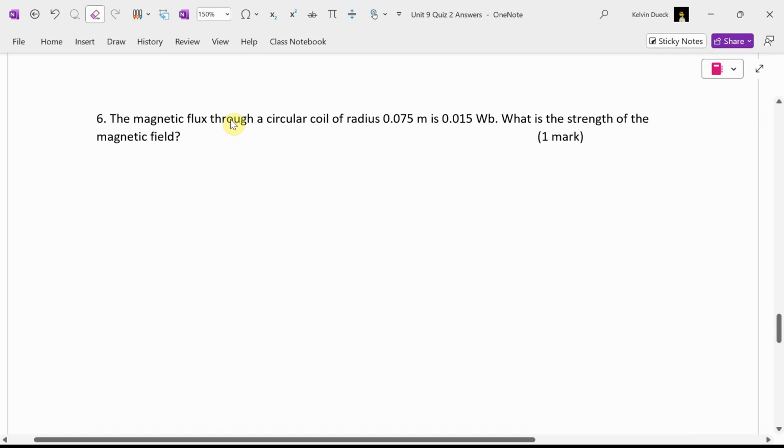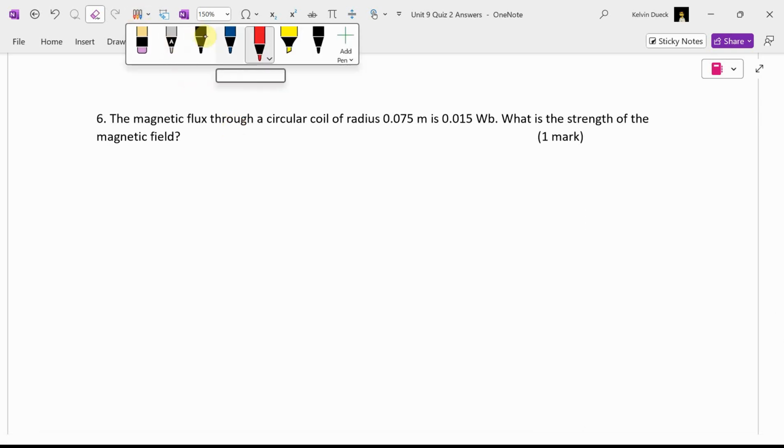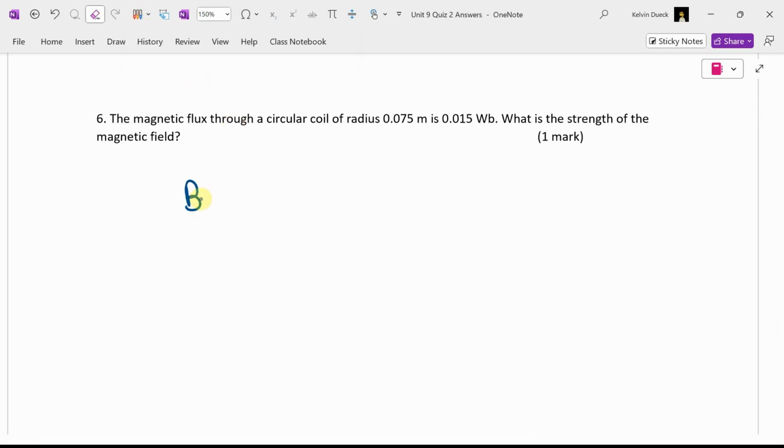What's the strength of the magnetic field? Now they've given me the flux. I guess magnetic field is going to be flux divided by area. It's going to be flux 0.015 divided by, now this time they didn't give me the area, it's a circle, so pi r squared.